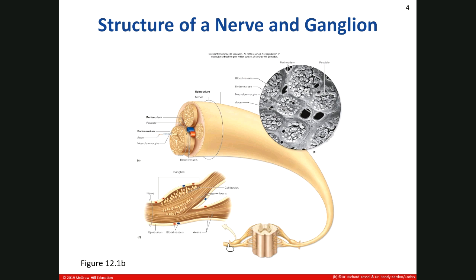Then when they fuse together right here, that is referred to as a spinal nerve. And a spinal nerve is what we call a mixed nerve. It means it has motor and sensory axons. So it carries information going to the central nervous system, and it also carries information leaving the central nervous system. For the most part, sensory information comes to the central nervous system, and motor information leaves the central nervous system.